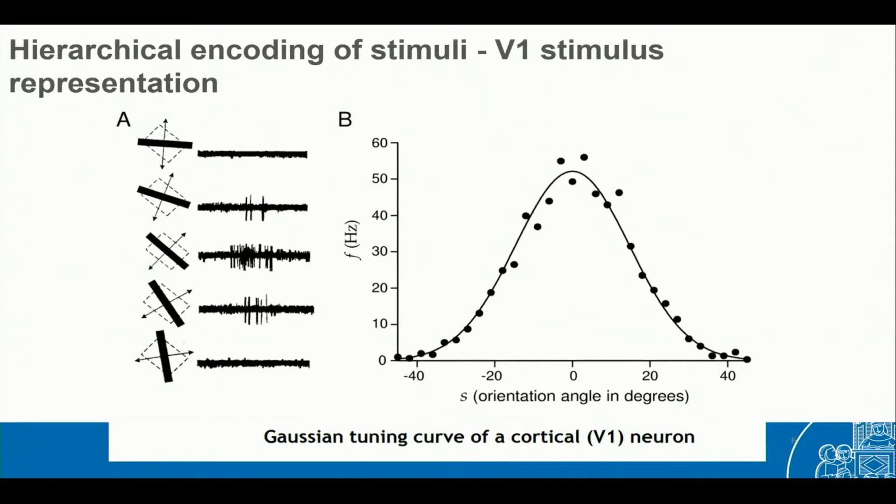An example which is very well known is the encoding of the stimulus, for example, in the visual cortex, where evidence shows that there is a relation between, for example, the orientation angle of the object perceived in the environment and the spiking pattern that you can record in the visual cortex.